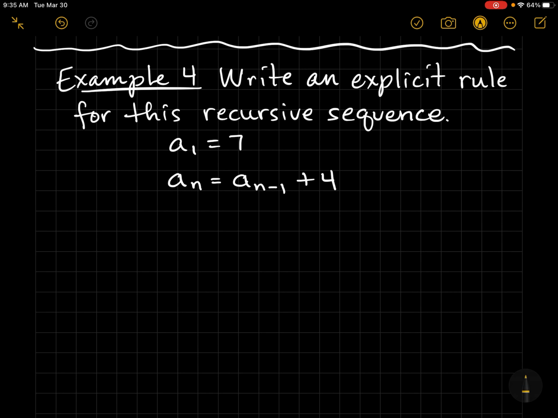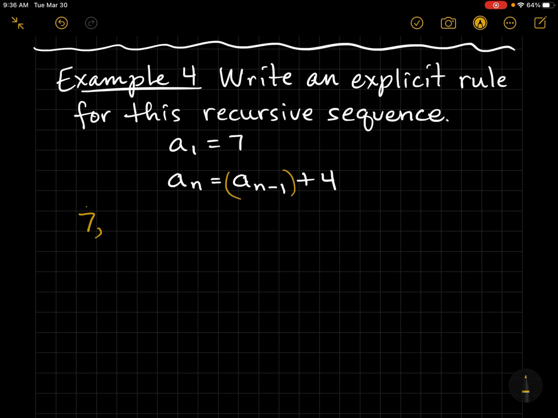Example 4. Write an explicit rule for this recursive sequence. So now we're going the other way. We have a recursive rule, and now we want to find the explicit rule. So we start off by writing a few terms just so we can see what it looks like. Remember, this is saying plug in the previous term and add 4.